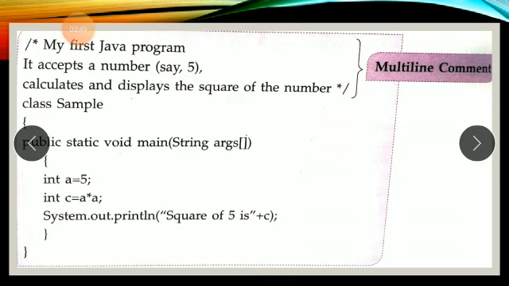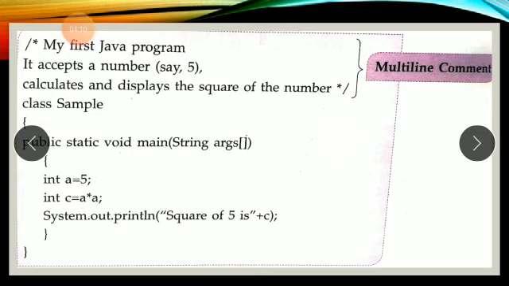Next one is multi-line comments. As the name indicates, when you want to make multiple lines a comment in your program, you can do that. How do you use those comments? You have to start with a forward slash followed by an asterisk.